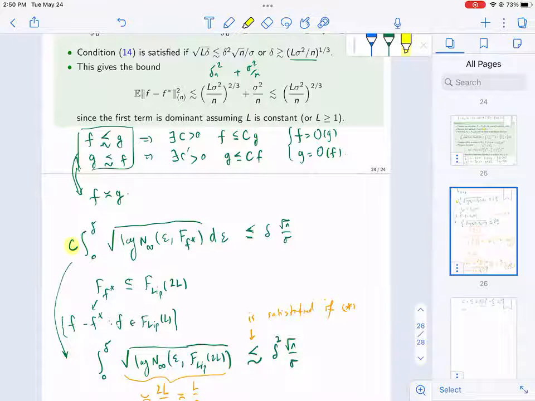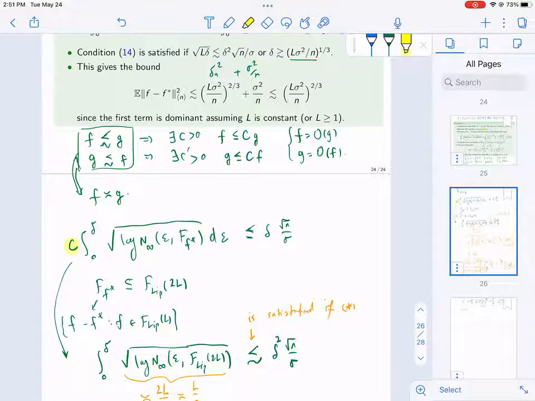Yes, and the rate gets worse. If the class is larger, the rate should get worse intuitively. If I want to decide between 2 functions, this is an easier problem than deciding between 3 functions.